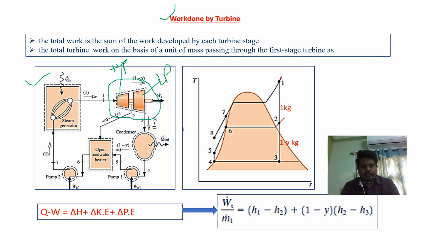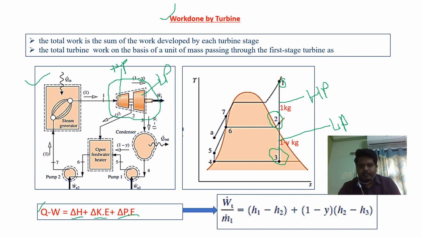When you apply the first law to the turbine, we know that the equation for open system Q minus W, that is heat minus work, equals change in enthalpy plus change in kinetic energy plus change in potential energy. Here, if you look at the TS diagram, the process 1 to 2 is isentropic expansion in the high pressure turbine. Process 2 to 3 is isentropic expansion through the low pressure turbine.